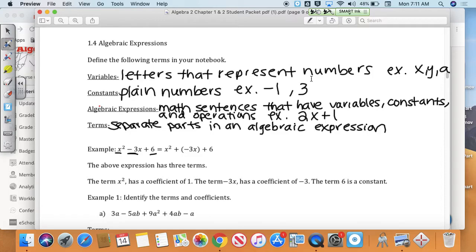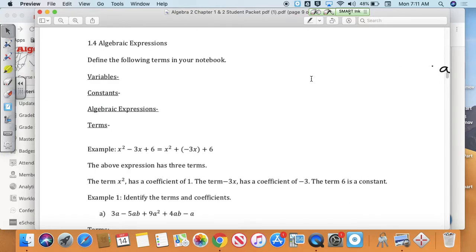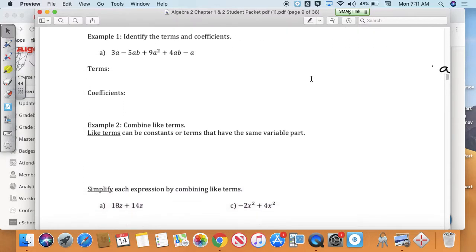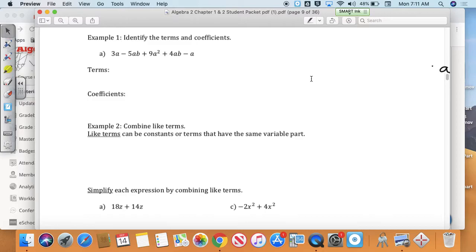In the first example, we are going to identify the terms and coefficients in an algebraic expression. So let me erase everything here and scroll down to example 1, identifying terms and coefficients.